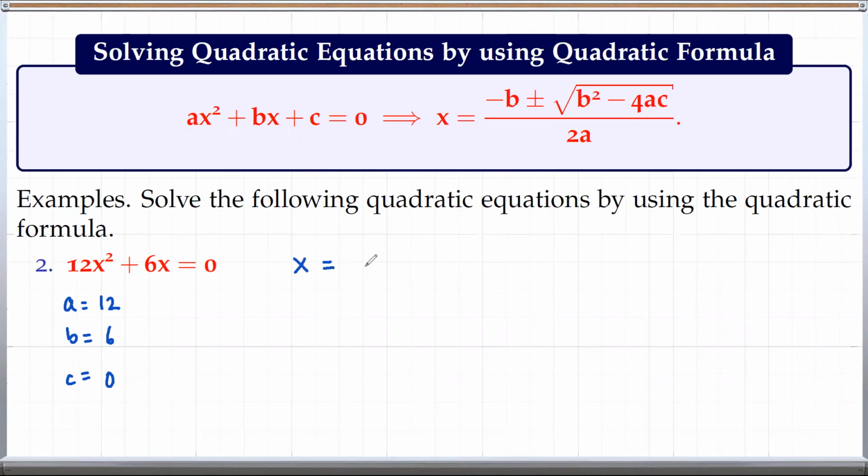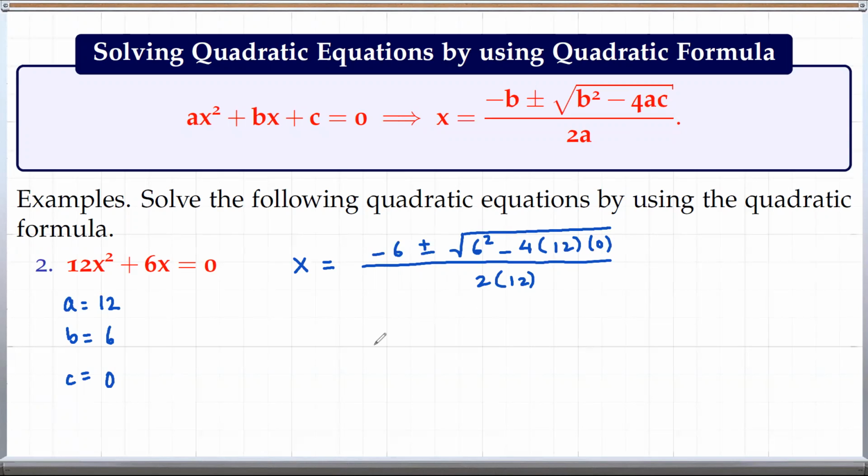So x equals negative b, so negative 6, plus or minus the square root of b squared, 6 squared, minus 4ac, 4 times a, which is 12, times c, which is 0. Divide by 2a, 2 times 12.